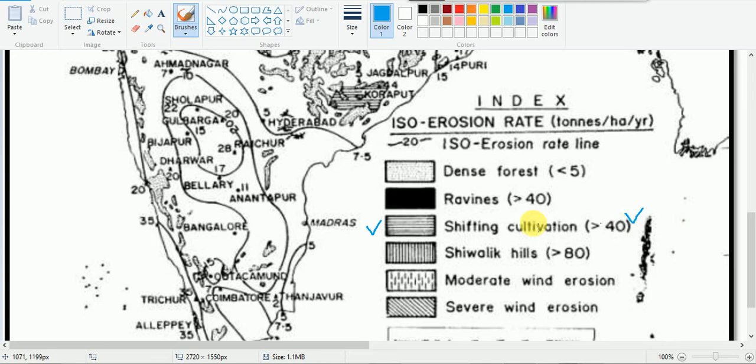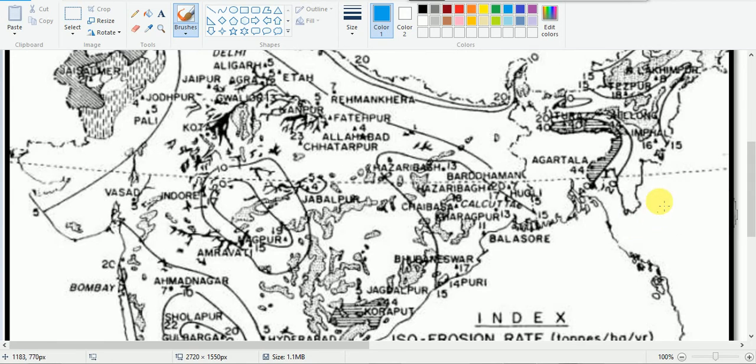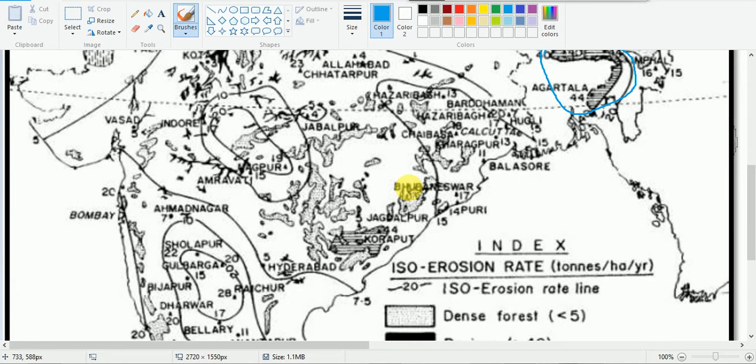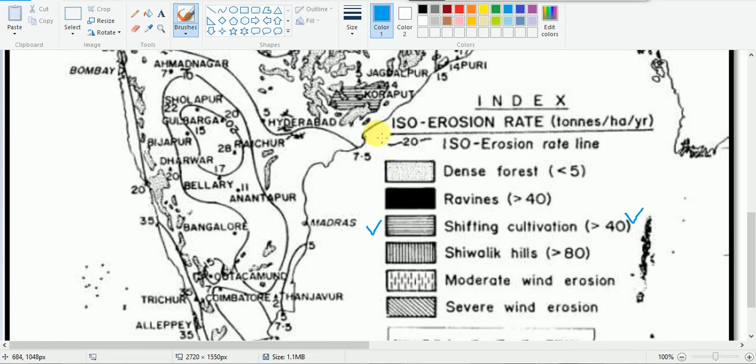Here in the northeast area we also find degradation of soils due to shifting cultivation, and likewise in other parts of India also.